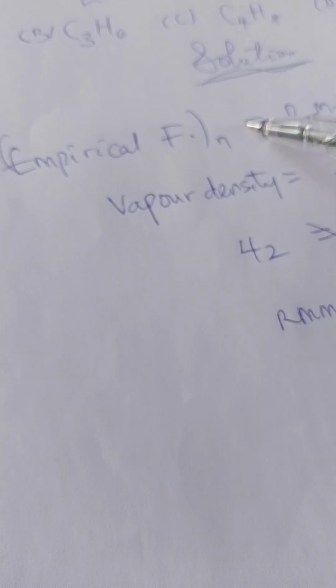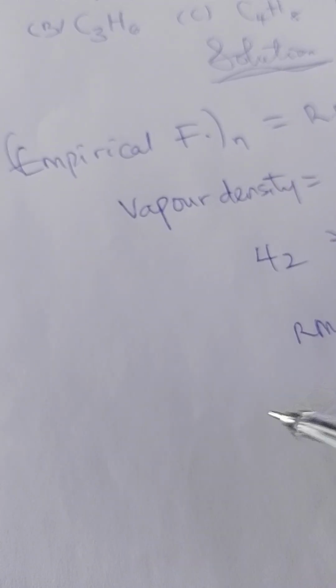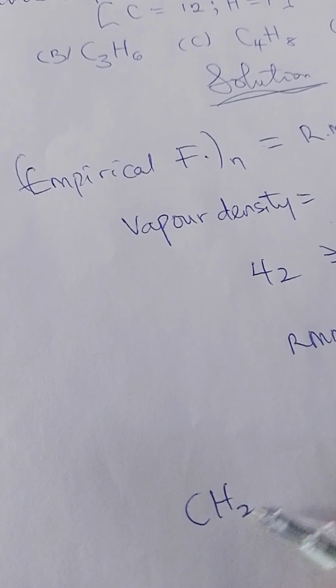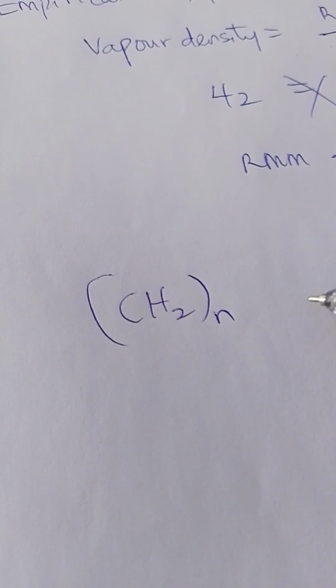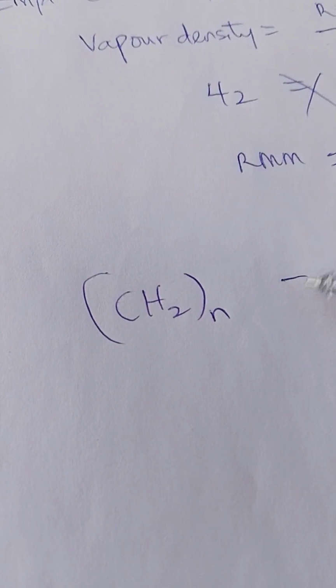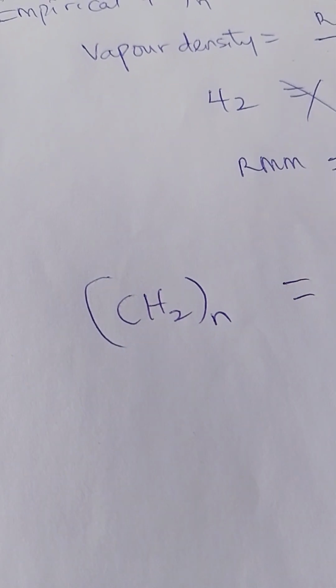So we now come to apply this formula. To apply this formula, what is the empirical formula given to us? The empirical formula given to us is CH2, isn't it? And the N stands for the number we are going to obtain from using the molecular formula method.